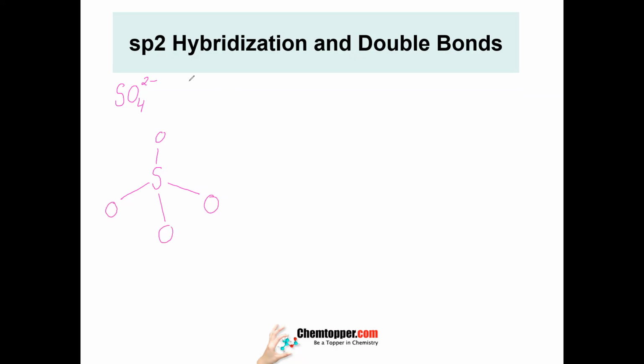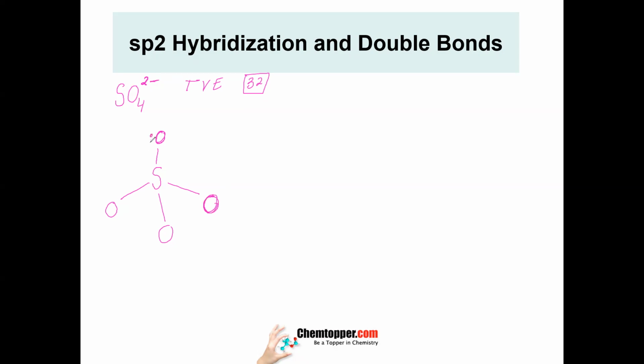Skeleton. Total valence electrons, 32. Complete the octet of the oxygen. How many oxygens are singly bonded? And how many oxygens are doubly bonded?